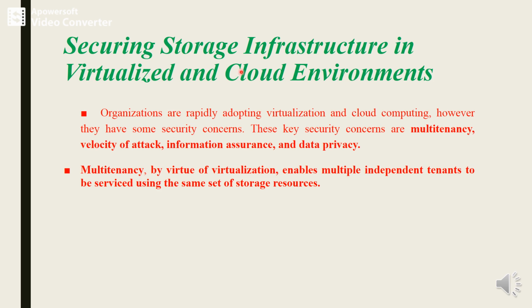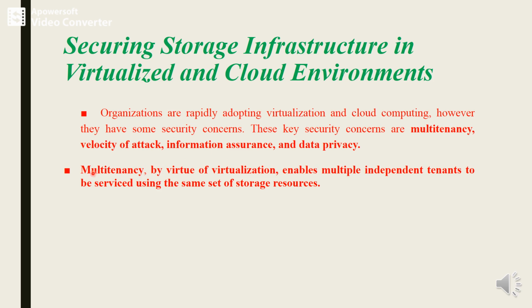And one more thing, the cloud may be either a public cloud or a private cloud. So we have only a limited set of control over the resources. Therefore, there may be a chance of an attack on the cloud platform. So we have to consider some key security concerns like multi-tenancy, velocity of attack, information assurance, and data privacy.